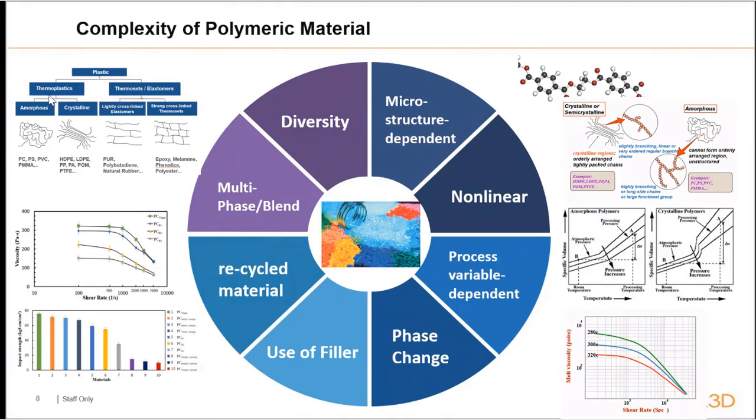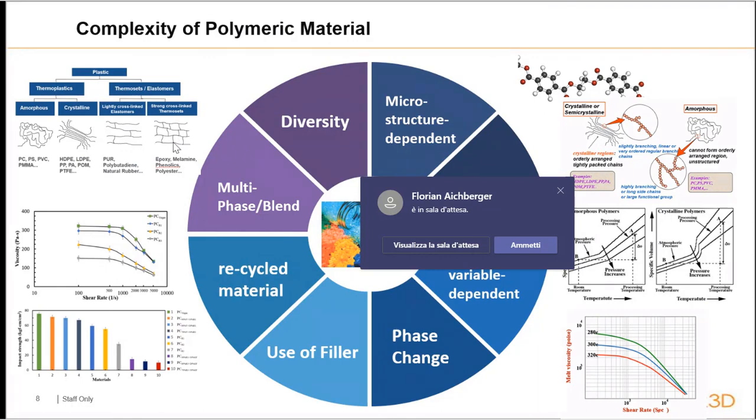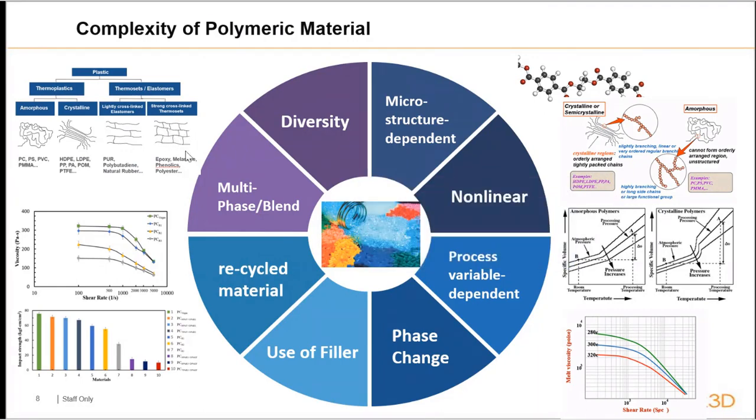microstructures, can be thermoplastic or thermoset. According to the degree of networking, we also have some slightly networked materials such as PU, PUR, and rubber, and some strong, highly connected network structures related to epoxy, which is very common in the semiconductor industry.